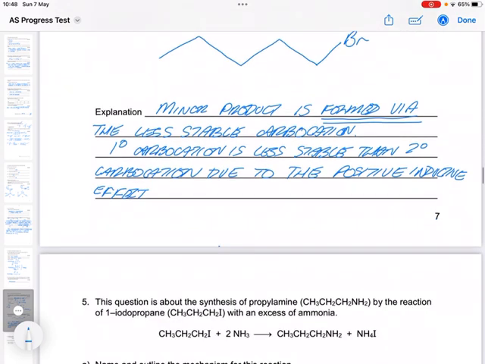Okay, so now I need to talk about the alkyl groups. Secondary has 2 alkyls, primary has 1 alkyl.